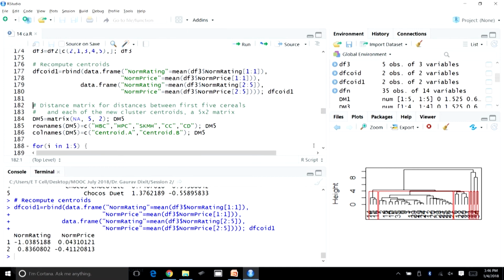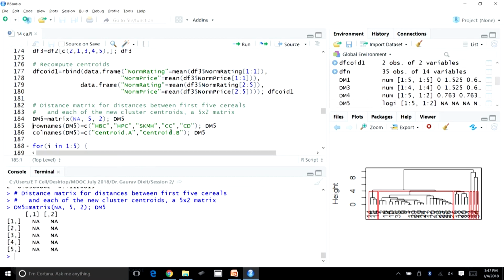Now with this we have the new cluster centroids. What we can do is go back to step 2 that we talked about in the algorithm. Again we can compute a distance matrix which will have distances between these 5 observations and each of the new cluster centroids. So again we are going to compute a 5 cross 2 matrix which will have all the distances that we need. Let us initialize this.